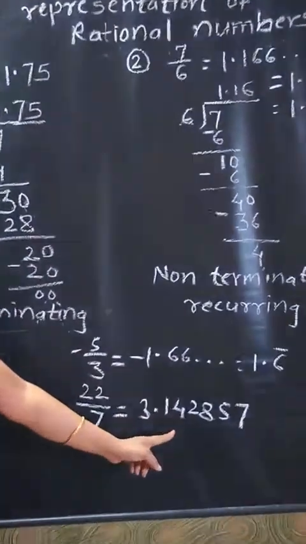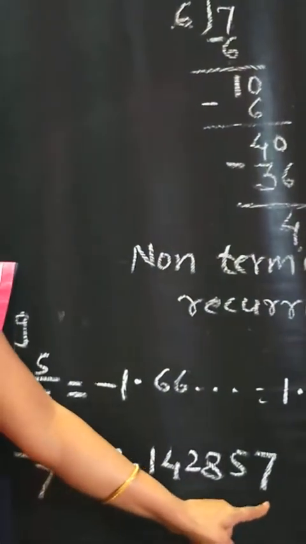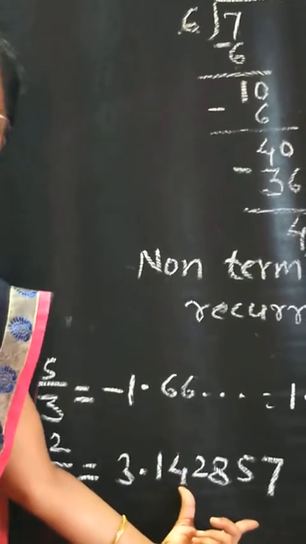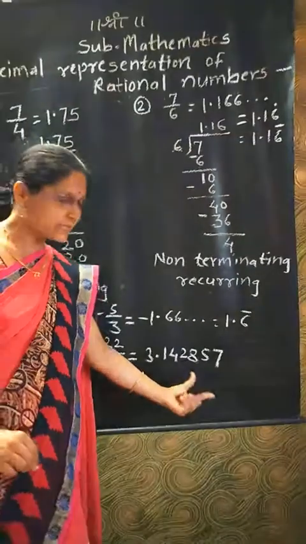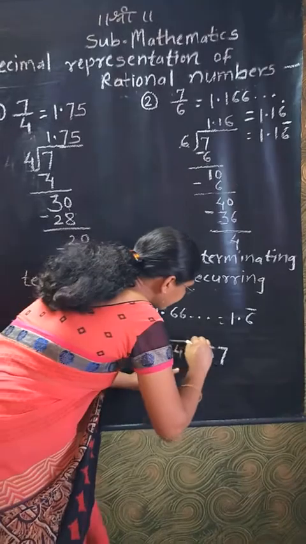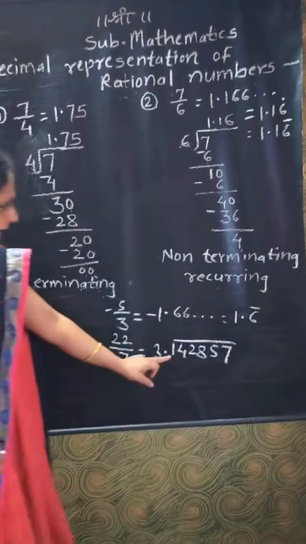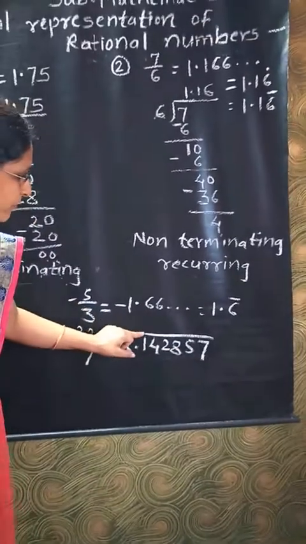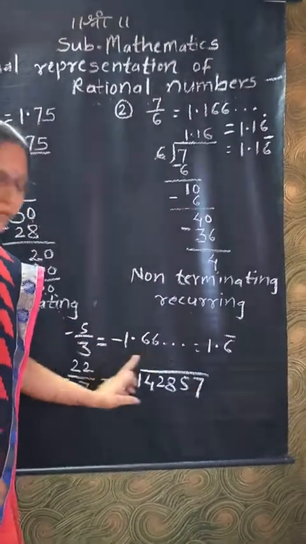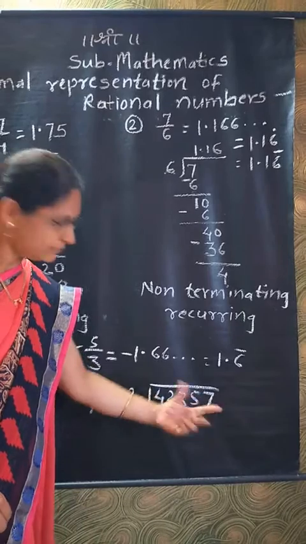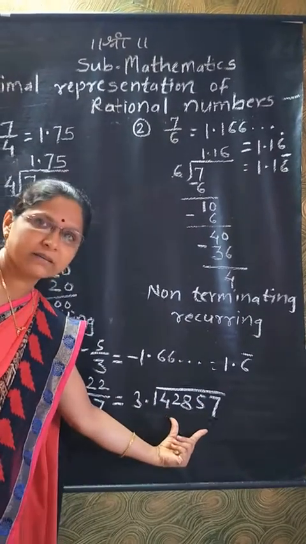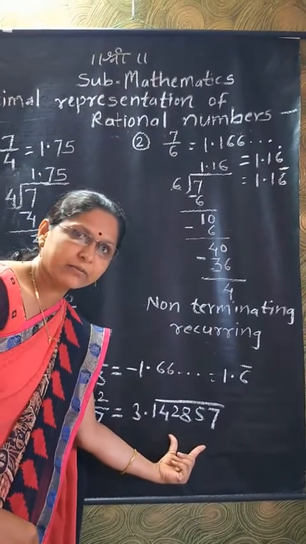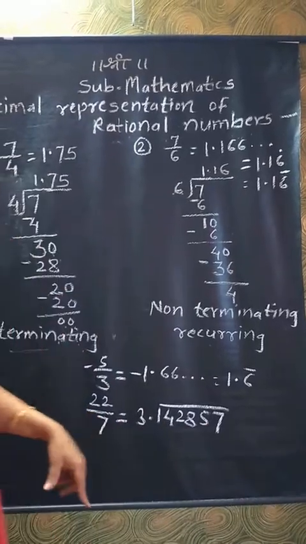Here 142857 is a group of digits. The group of digits comes again and again. Therefore, we write this as 3.142857 with a bar from 1 to 7. This group of digits comes again and again, so these are the recurring digits.